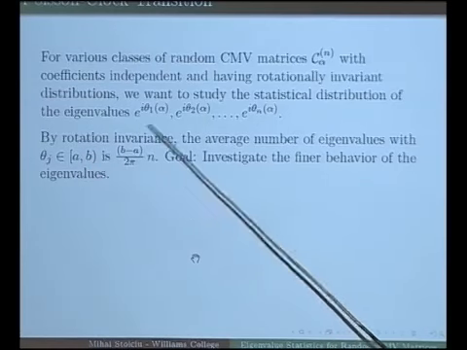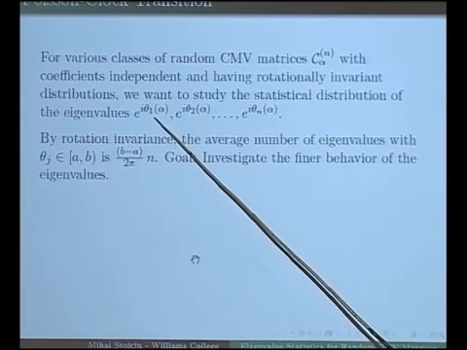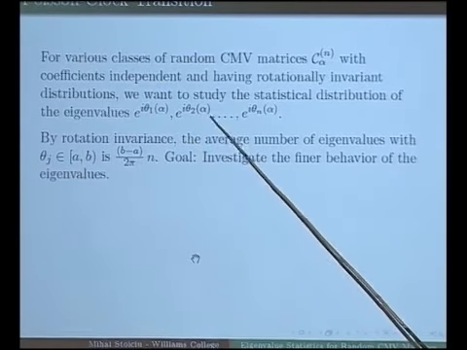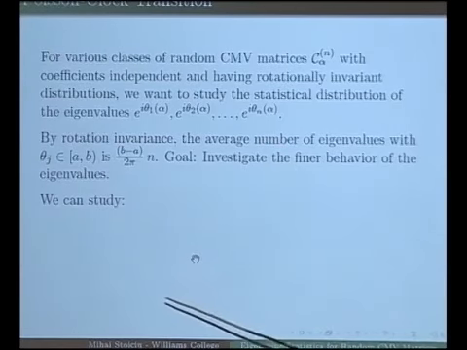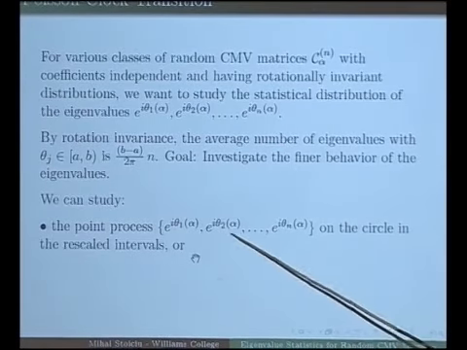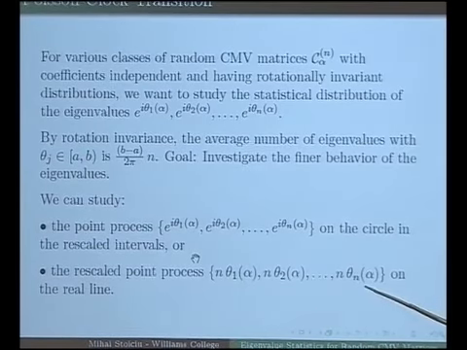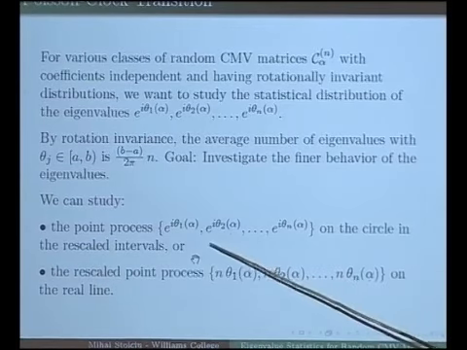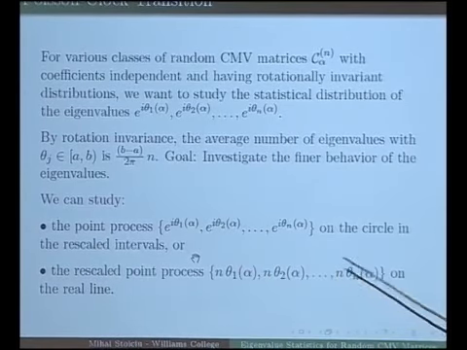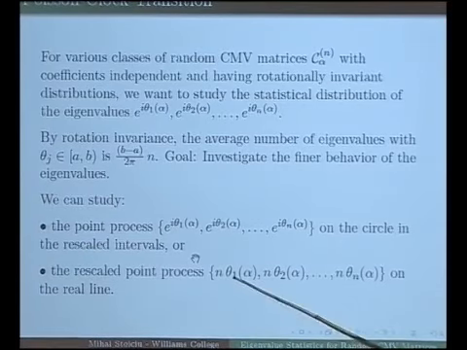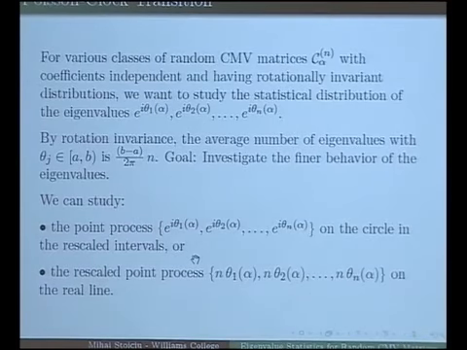Okay, so as explained, I can study complex numbers, so distribution of random numbers on the circle, or I can study just their arguments, which are real numbers. So theta 1 of alpha, theta 2 of alpha, theta n of alpha. Now, I can look at these complex numbers or these real numbers.